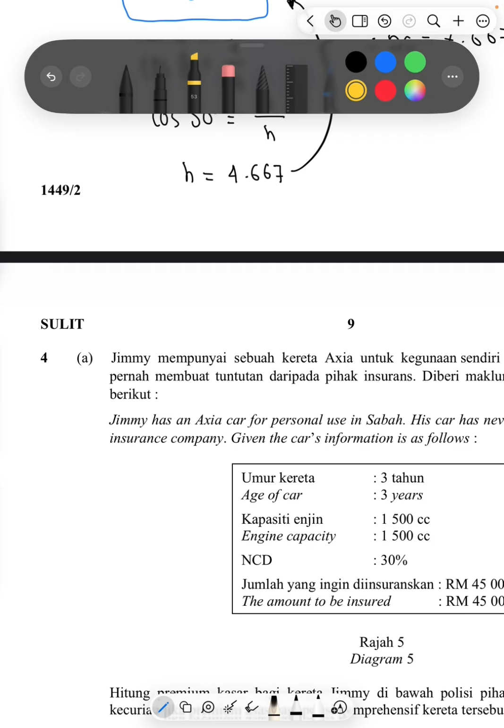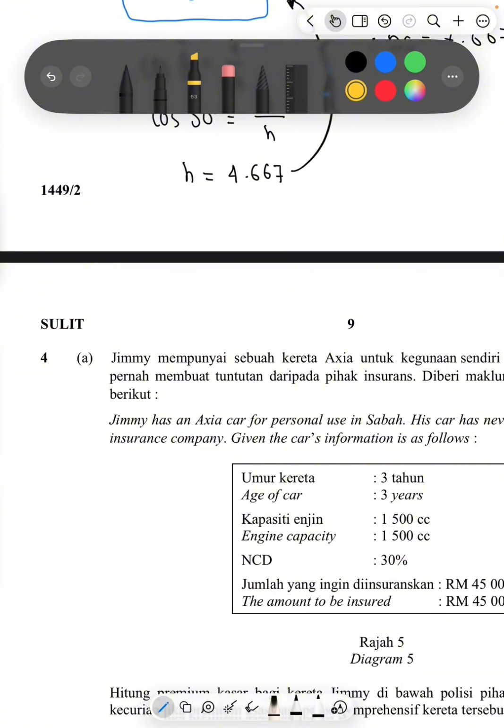Okay, so we have also third party fire and theft policy as well as third party policy. So what you should know is that for third party fire and theft policy, basic premium, this is a standard value.